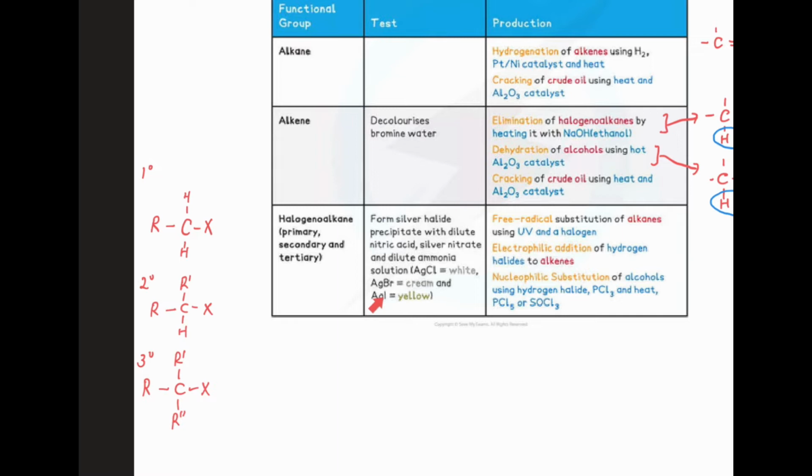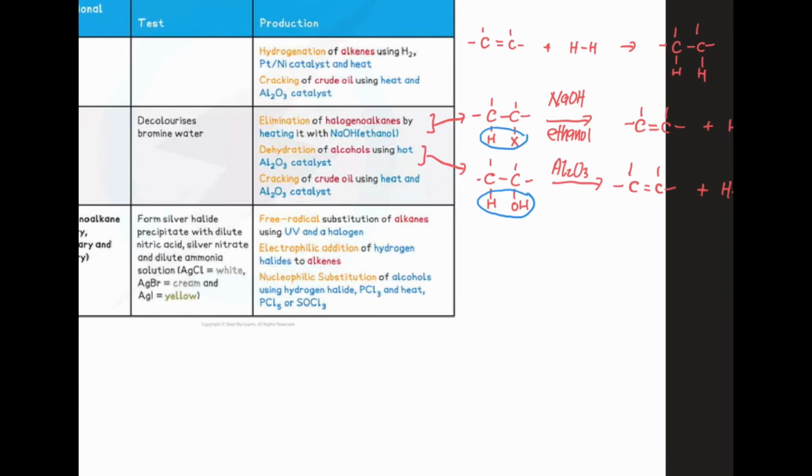So this is also under revision. Okay, we have learned this before. Now let's see the other side, the production of halogenoalkane. We have free radical substitution of alkane using UV light and a halogen. Okay, a quick example.